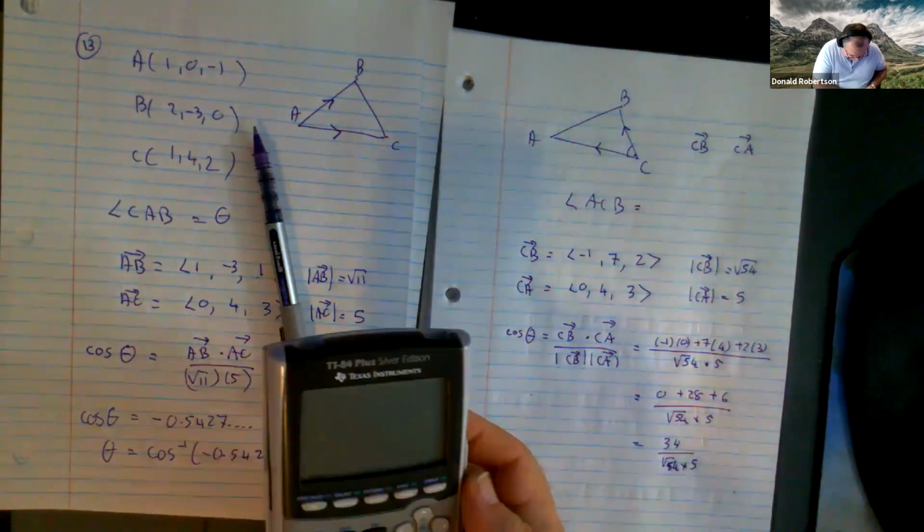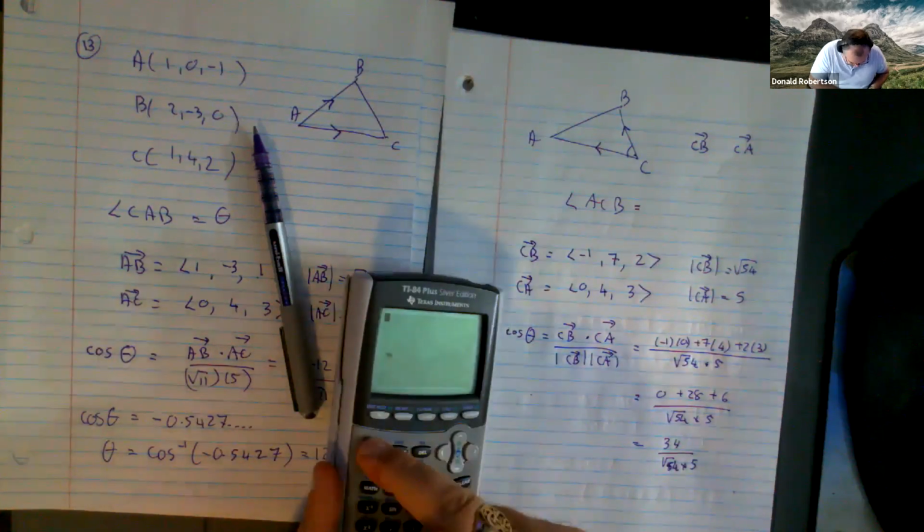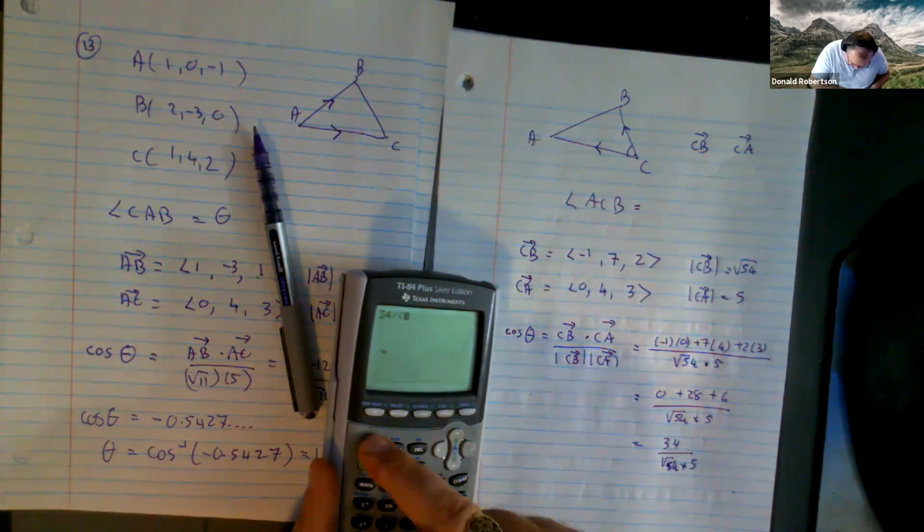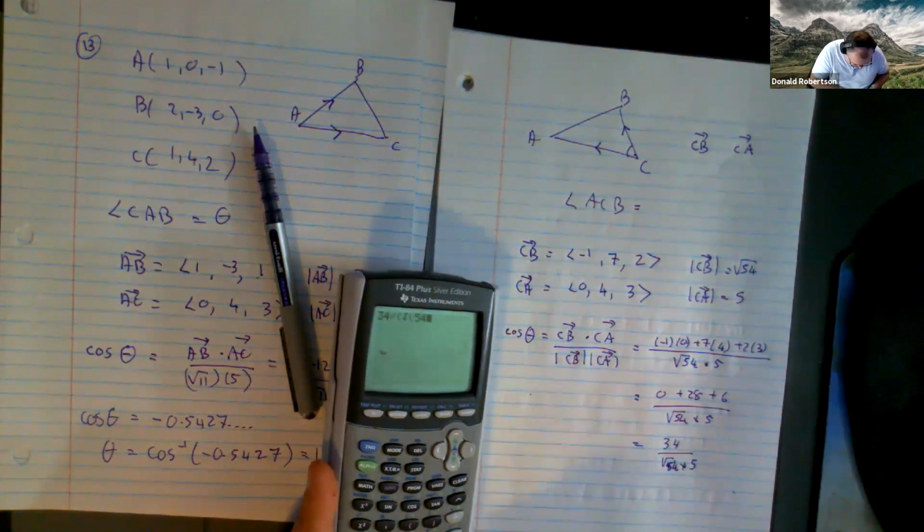So let's see what that looks like. You do 34, then divide it by the square root of 54 times 5.